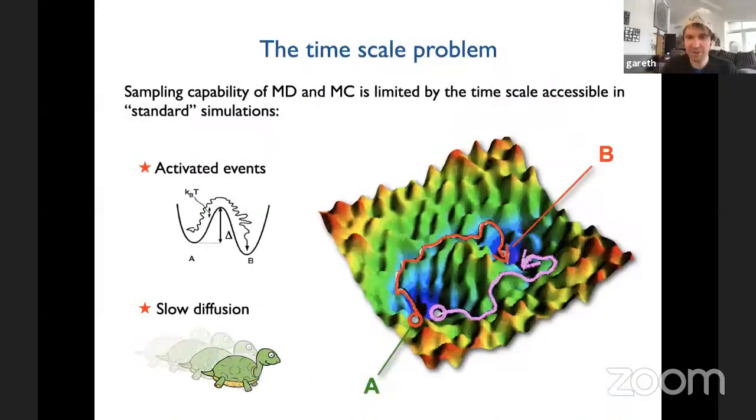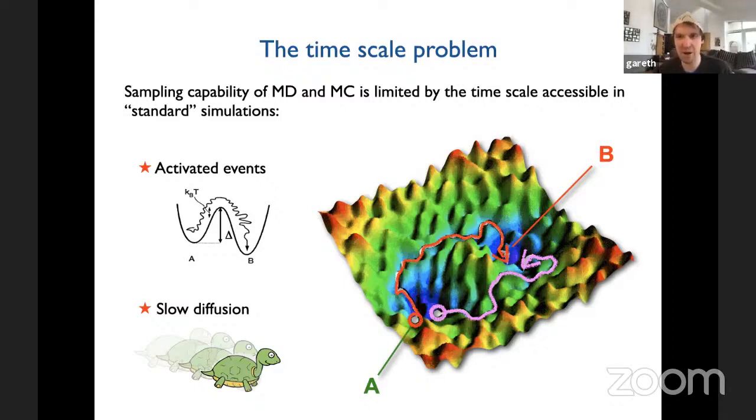So we've talked about this business of the timescale problem before, that we have in molecular dynamics and Monte Carlo, that we have this problem of these rare events that we can't sample in short MD simulations. And the reason that we have these rare events, there are two reasons.